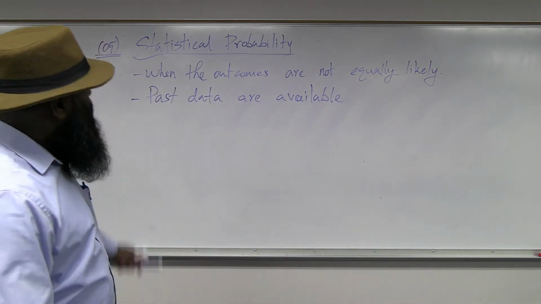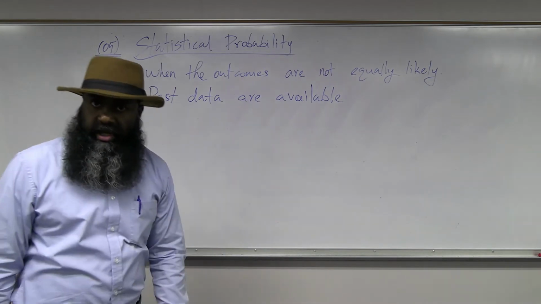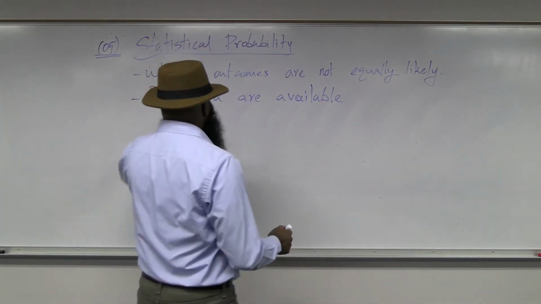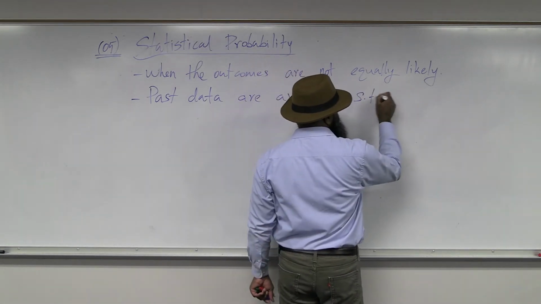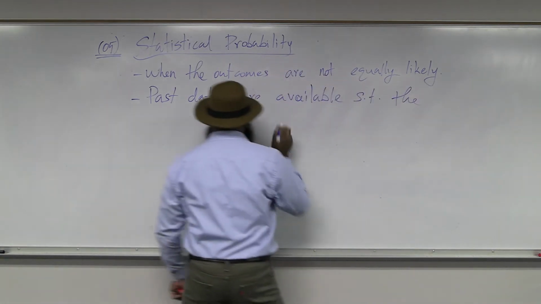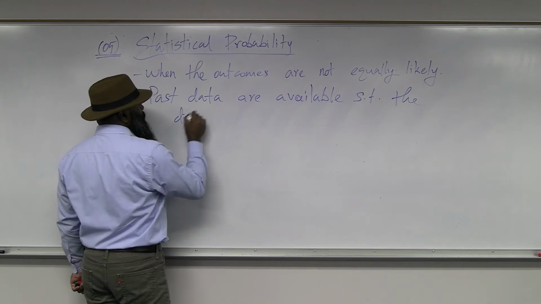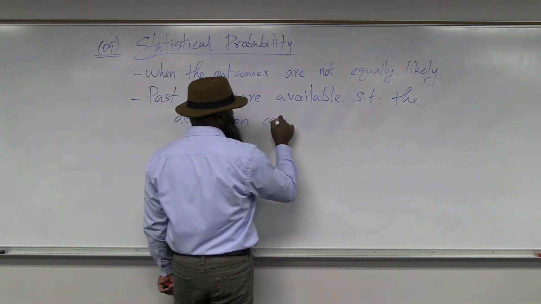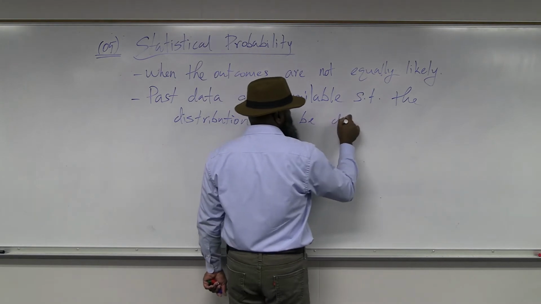Okay? Statistical probability means we're going to use a distribution which is other than the uniform distribution. So past data are available so that the distribution can be determined.